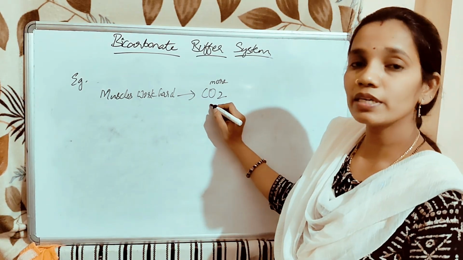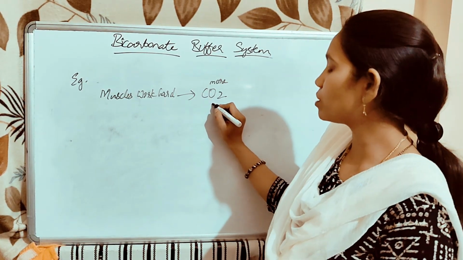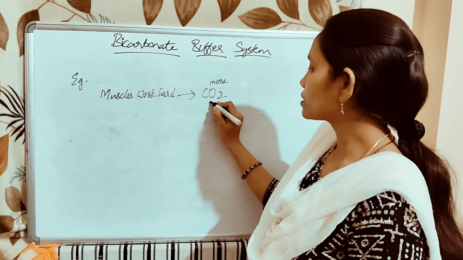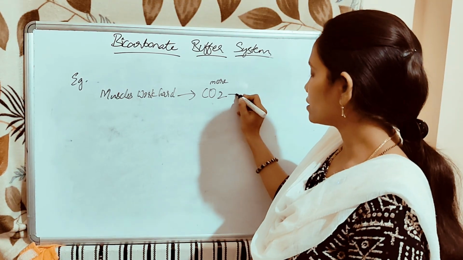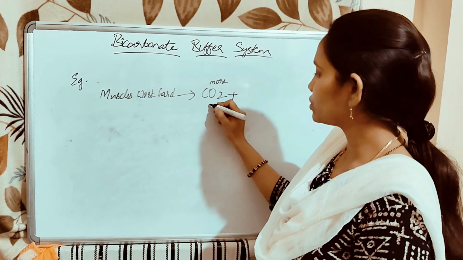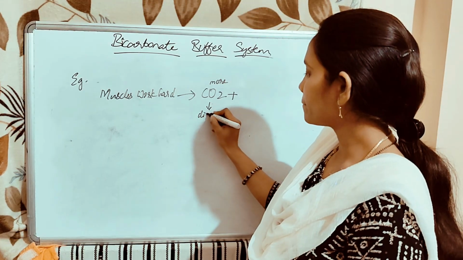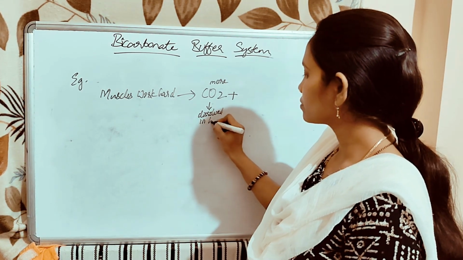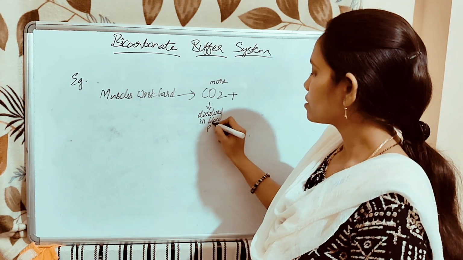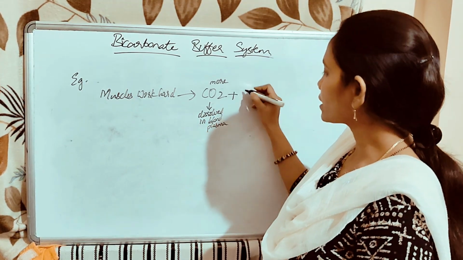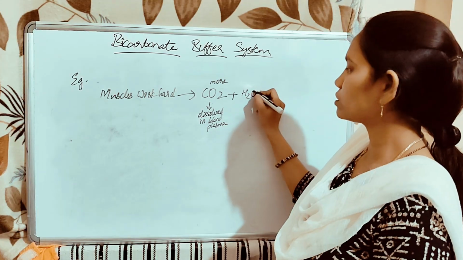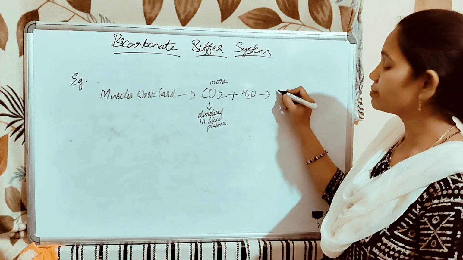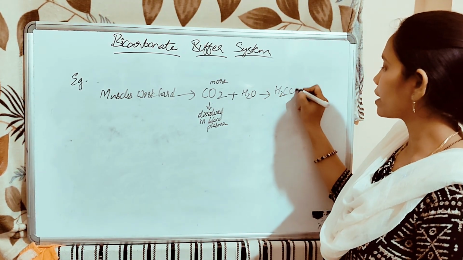We have already seen that this carbon dioxide, which is dissolved in blood plasma, reacts with water to form carbonic acid.